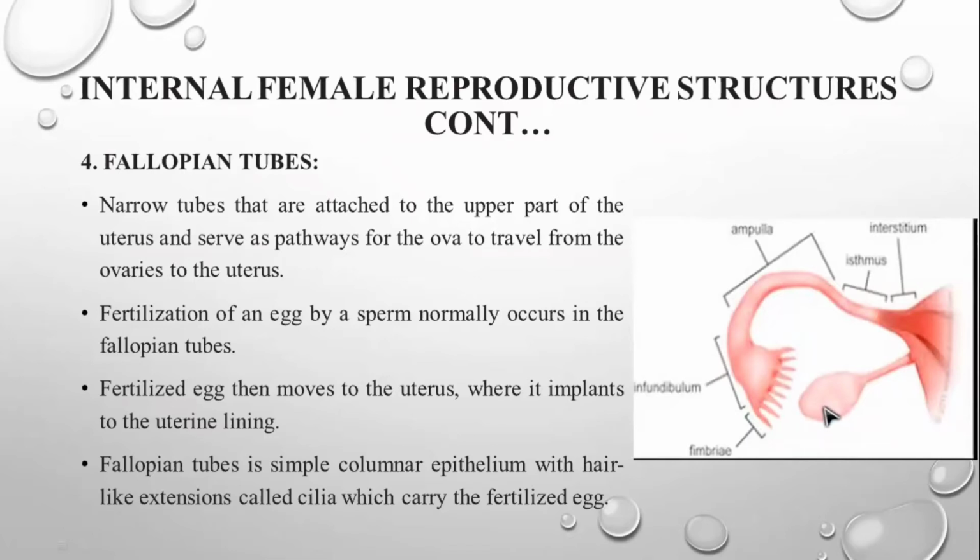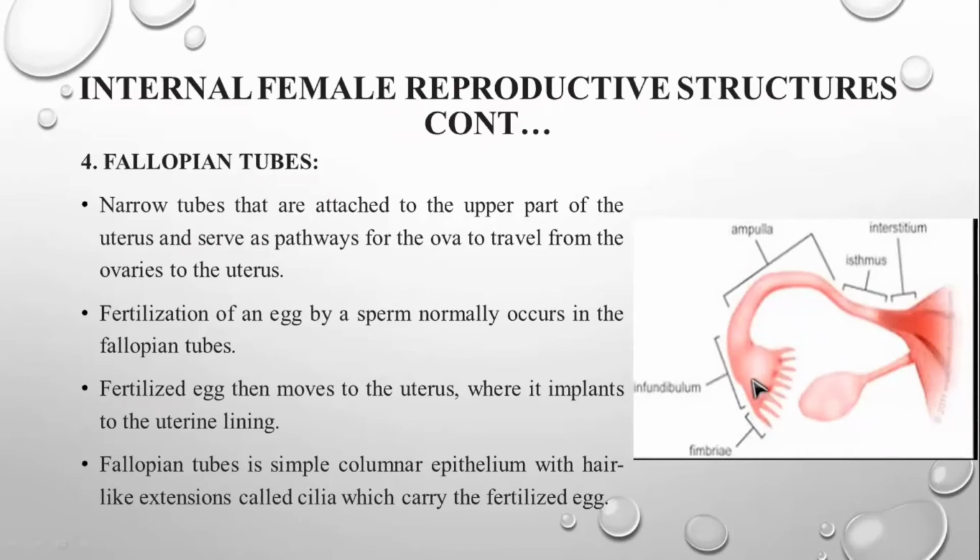As soon as the ovum is released from the ovary, a process we call ovulation, these finger-like projections on the fallopian tube catch the ovum and push it into the fallopian tube, and it rolls down the slope day by day through the fallopian tube and reaches the uterus.